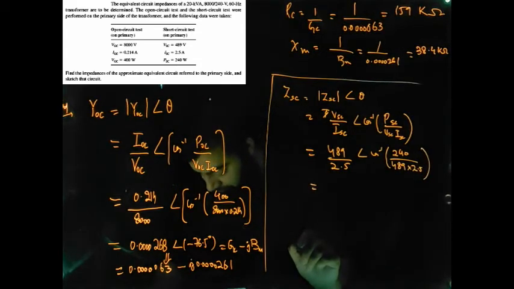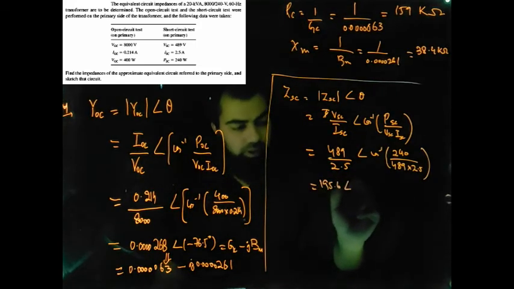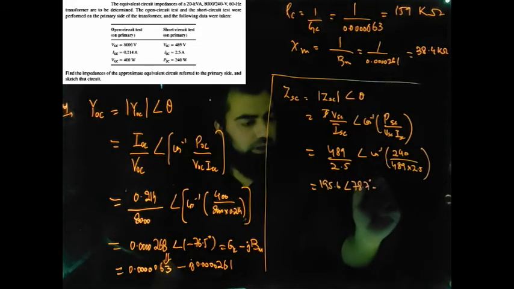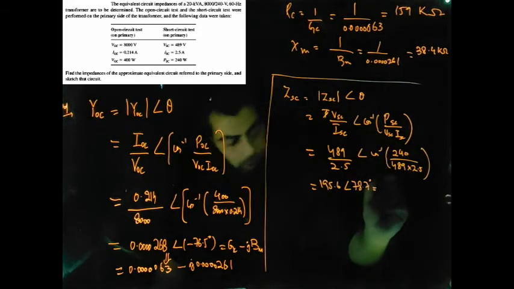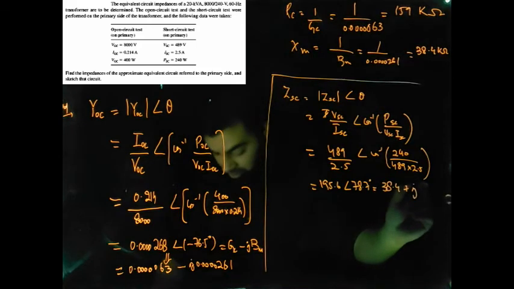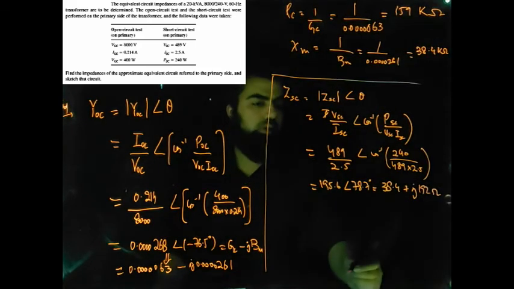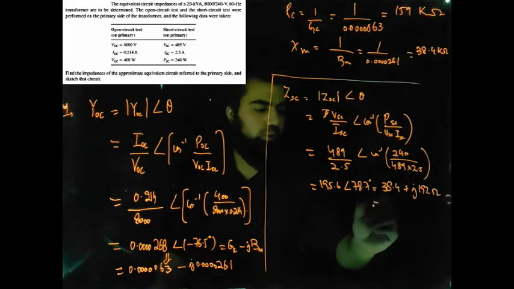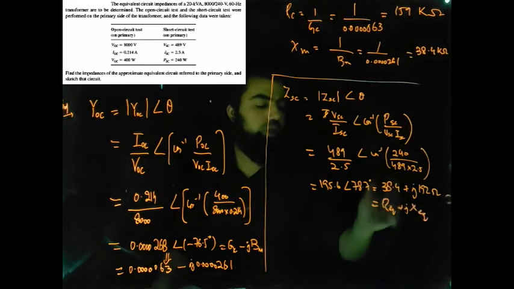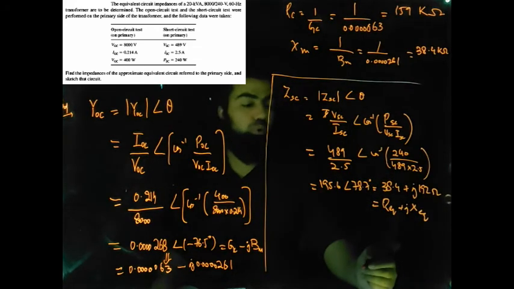So solving this, you'll get ZSC equal to 195.6 angle 78.7 degrees. That is in Cartesian form equal to 38.4 plus j 192 ohms. So this is actually R equivalent plus j X equivalent. You can see R equivalent, that's RP plus a squared RS, is equal to 38.4 ohms only.